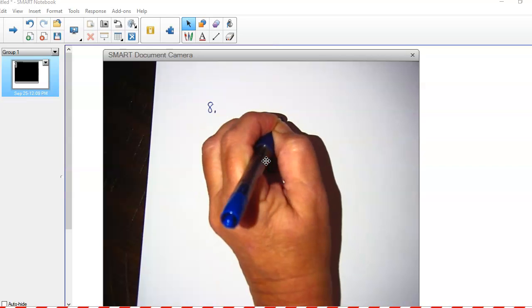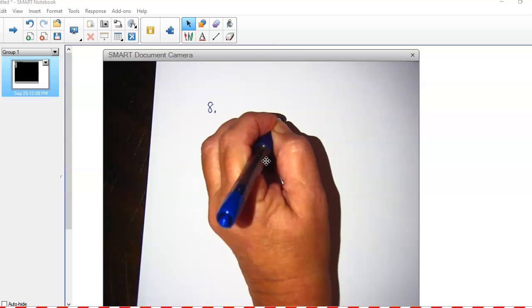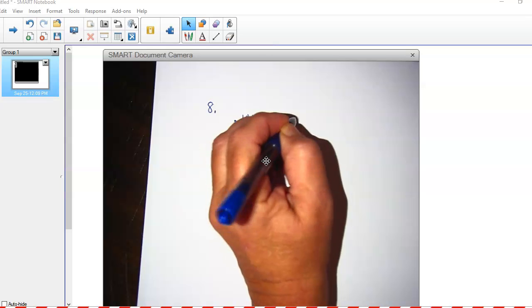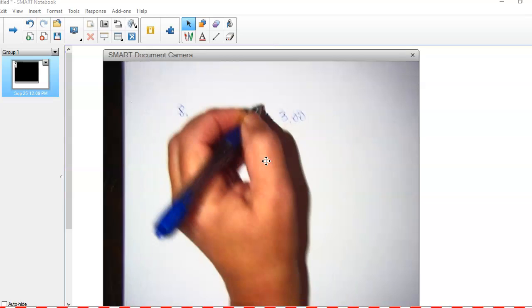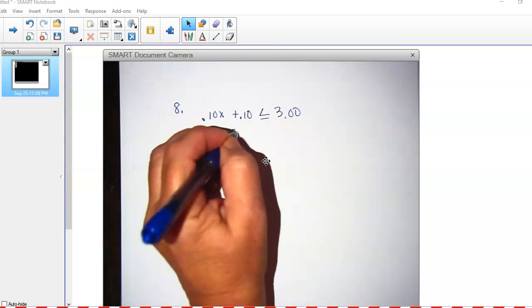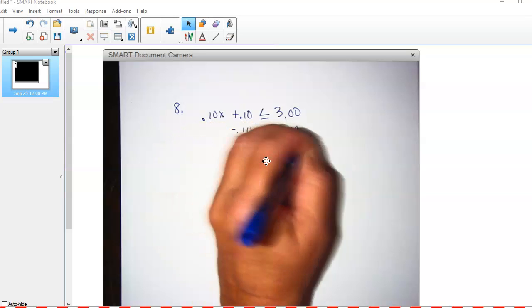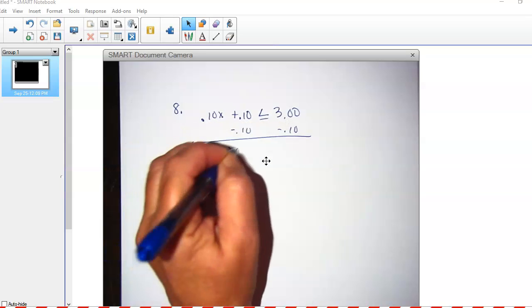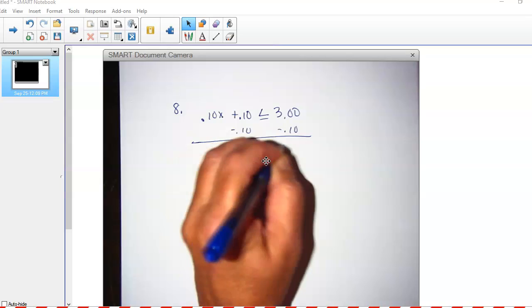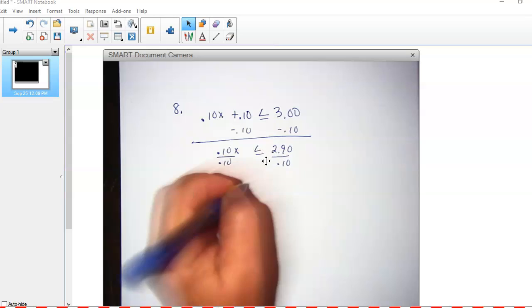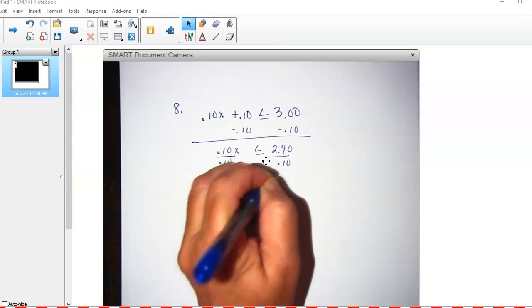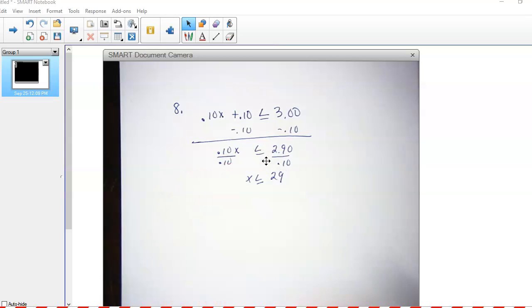And write, solve, and graph an inequality to find the maximum number of minutes you can talk for $3. So, maximum number. You only have $3. You can't spend any more than 3. So we're going to subtract the 0.10. This is 0.10x less than or equal to $2.90. Divide both sides by 0.10. And x is less than or equal to 29.